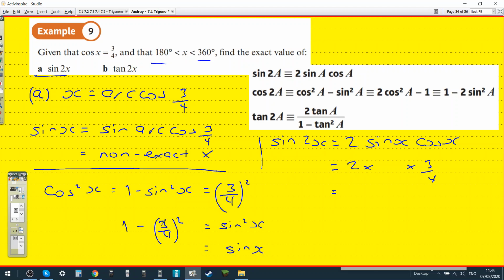Yeah. What is 1 minus 3/4 squared? 1 minus 9 over 16, so that would be 7 over 16. And so sine x is the square root of that?